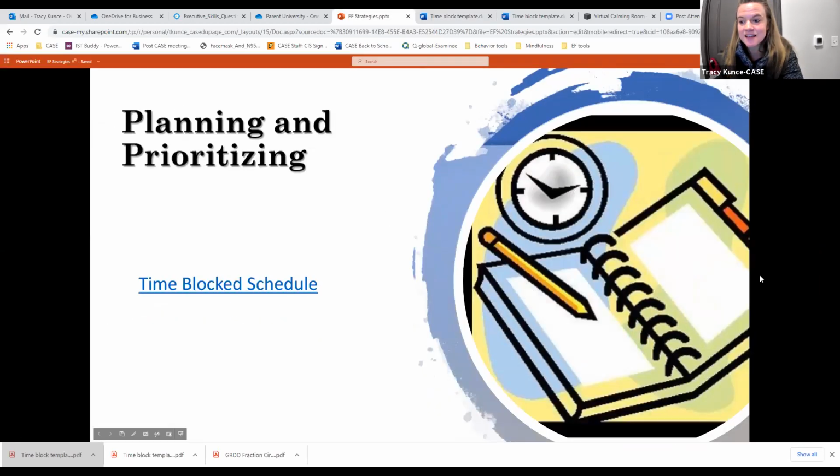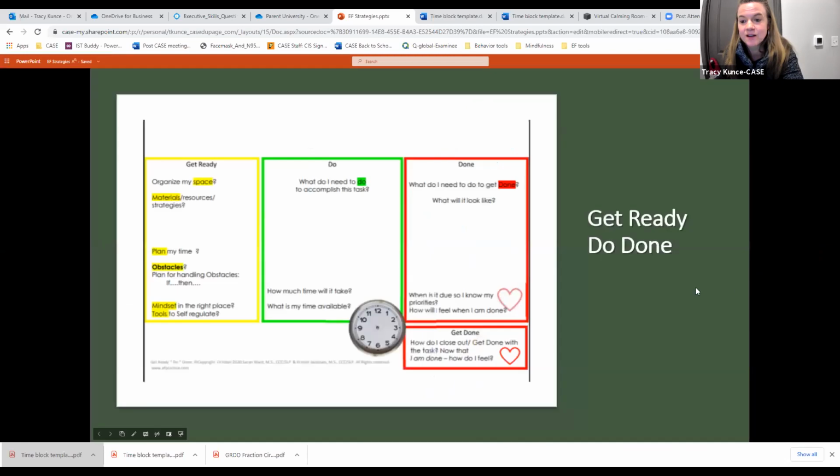The next thing that goes along with that is a tool called the Get Ready, Do, Done method. This was developed by Sarah Ward and Kristen Jacobson, both of whom are speech language pathologists. And this goes along with the thinking of having that end result first.